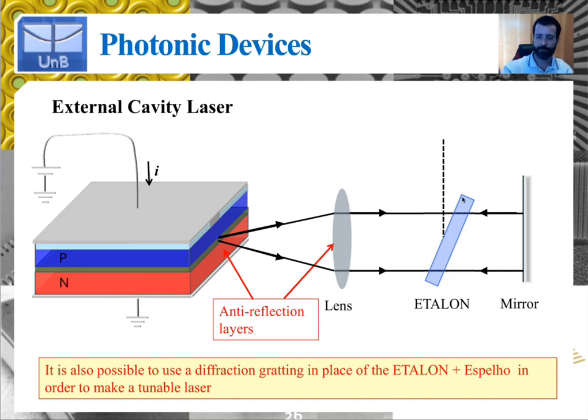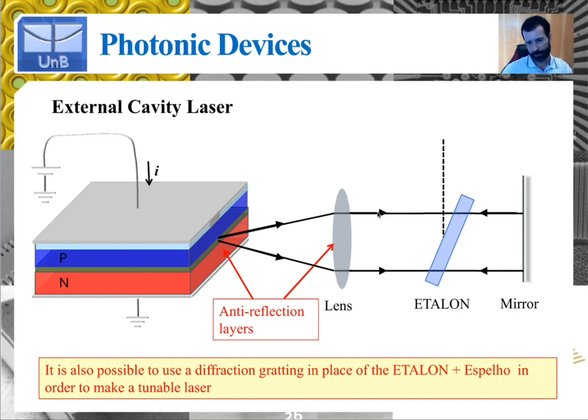Now you see that the etalon is not exactly perpendicular to the beam, which is this, right? The beam is propagating here. So the etalon is not perpendicular because this angle is used to control the resonant frequency, right? By varying the angle with respect to 90 degrees of this etalon here, we can basically change the frequency or the wavelength of the resonant frequency, right?